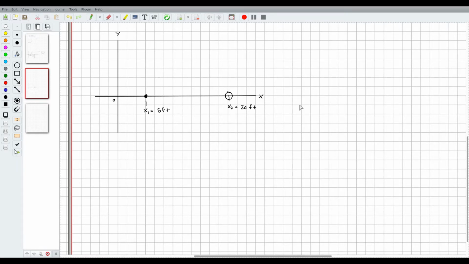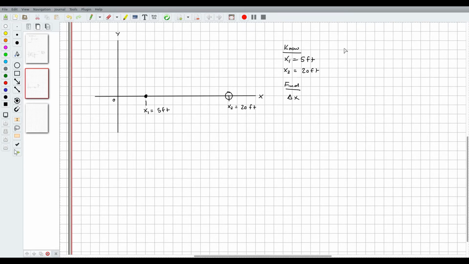What I'd like to do is to find the displacement here. We have been given that the position of the golf ball is 5 feet away from the origin, and the position of the hole is 20 feet. We would like to find the displacement.